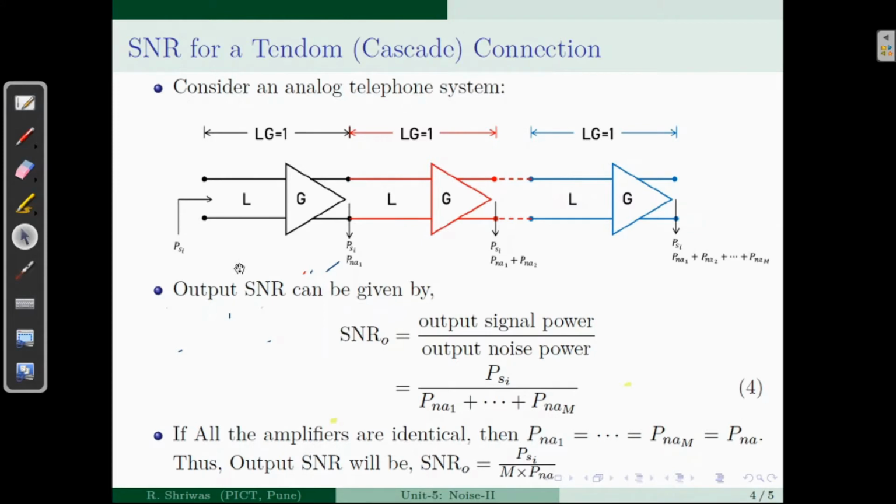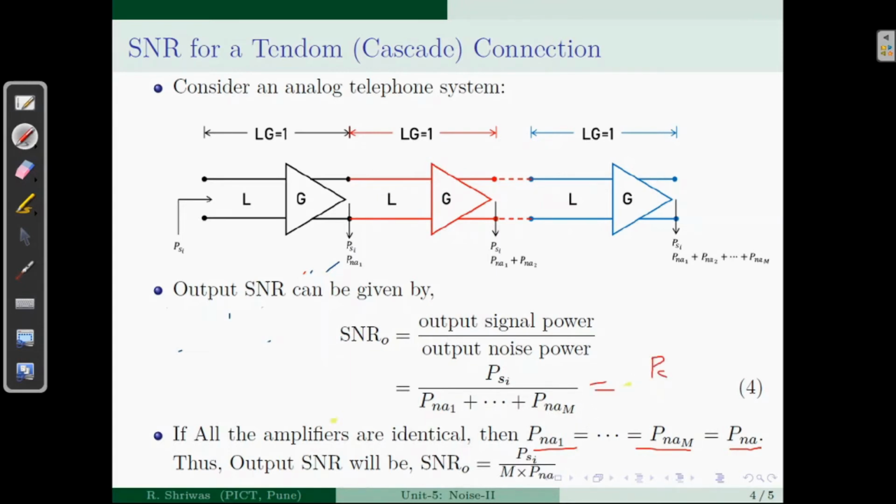Now if we assume all the amplifiers are identical, it means the internal noise of each amplifier is the same, and let's assume that equal to PNA. In that case, what will happen to this expression?